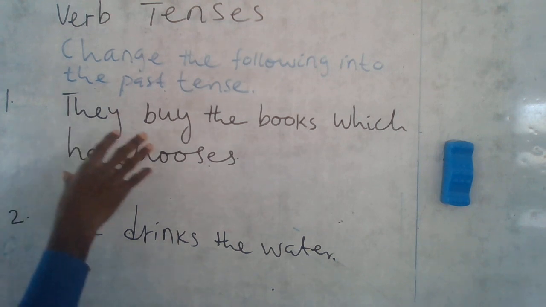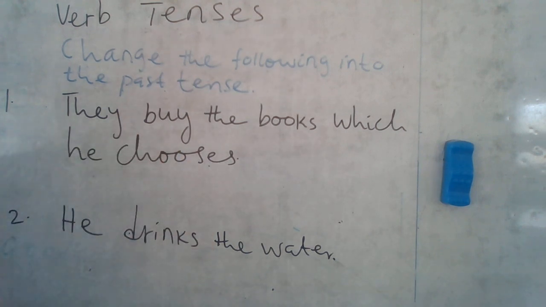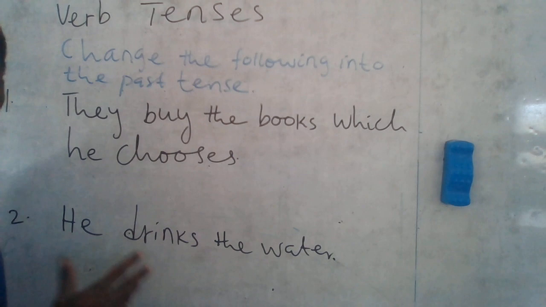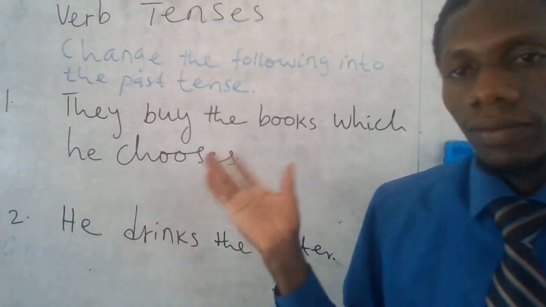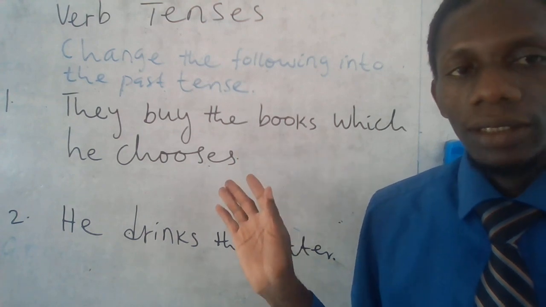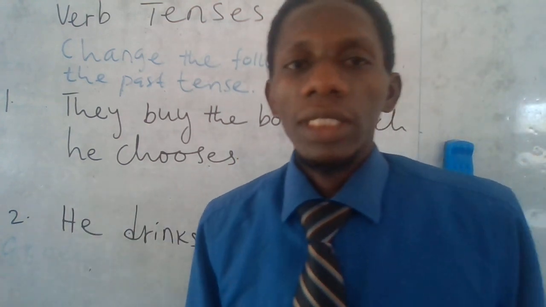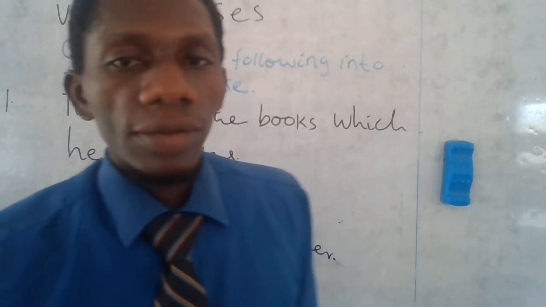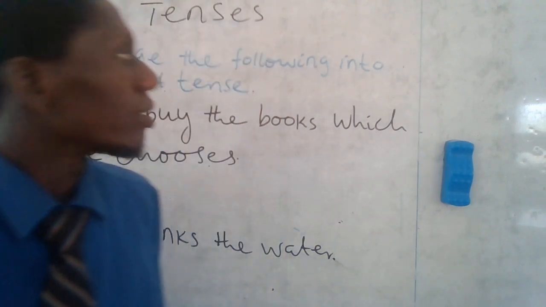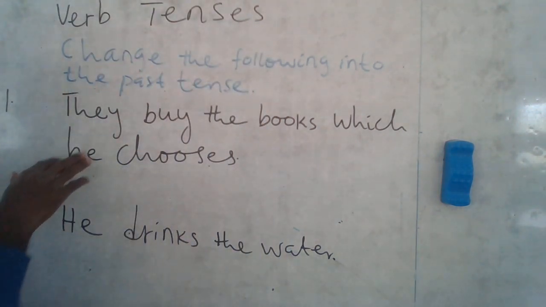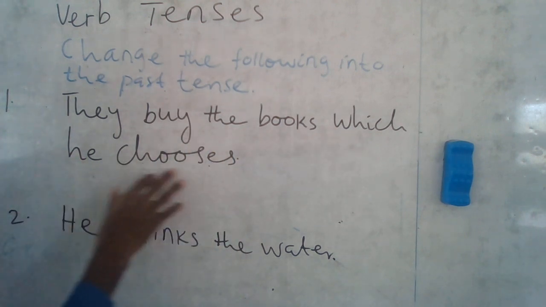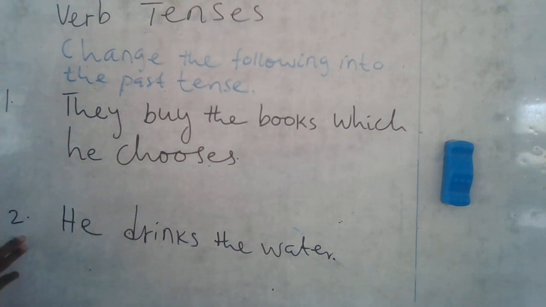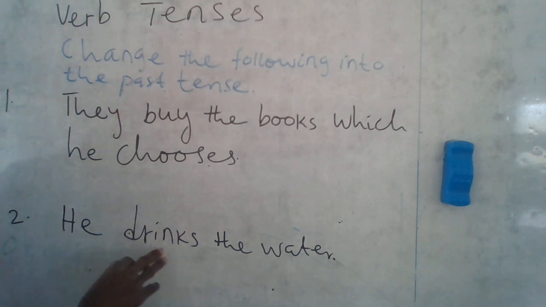The statements here are given in present tense, so you have to change them into the past tense. Number one says, they buy the books which he chooses. And number two says, he drinks the water.